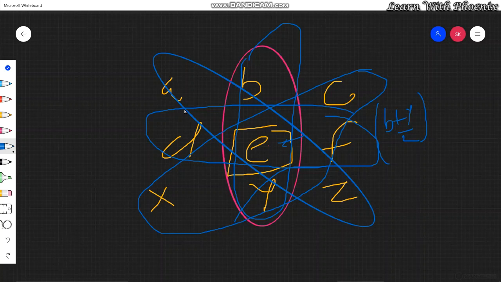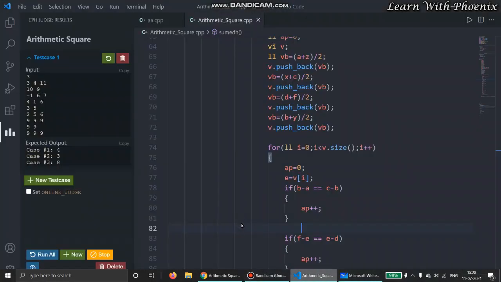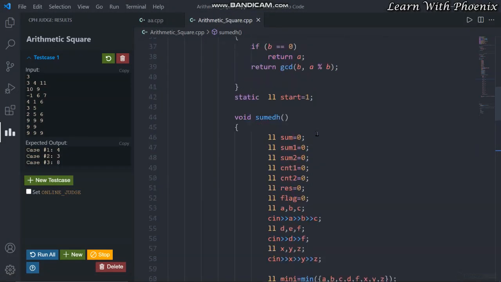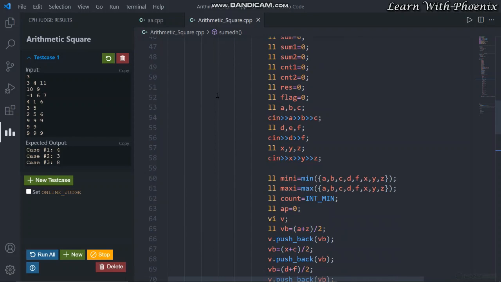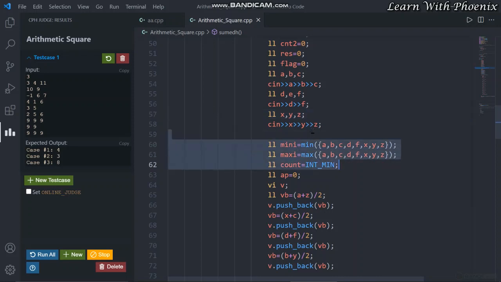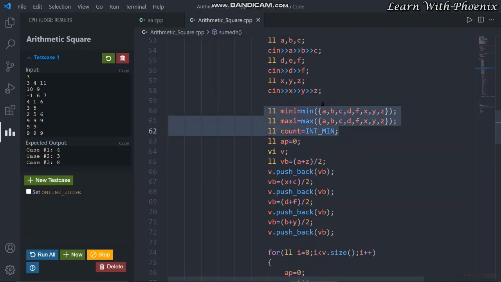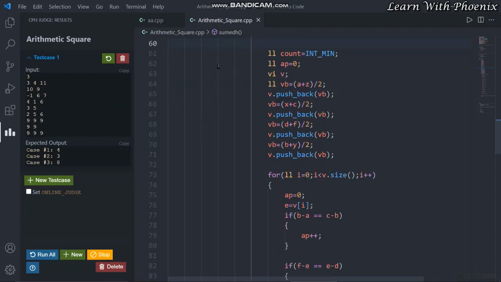And for these 4 values you have to do 8 checks: 3 rows, 3 columns and 2 diagonals. Now let's move on to the solution. I hope you have got the idea. First of all, I have taken the input, the 8 integers. Then I have taken the minimum and maximum, which is of no use actually, that gives TLE, so you can just forget about this line. Second, we have to check the 4 values.